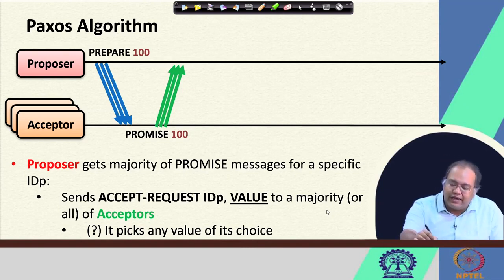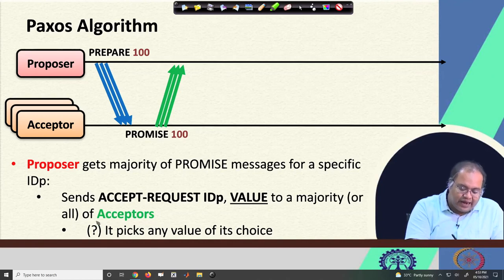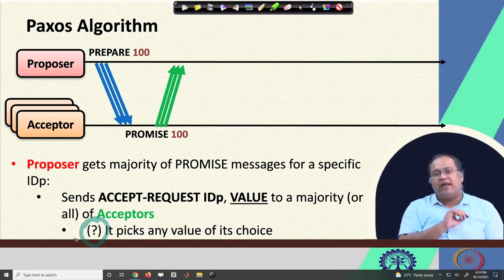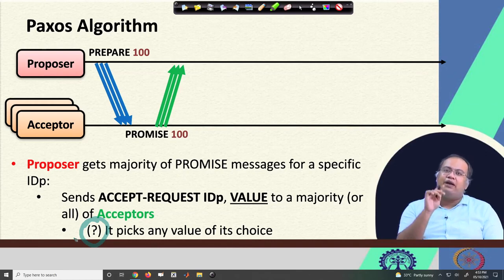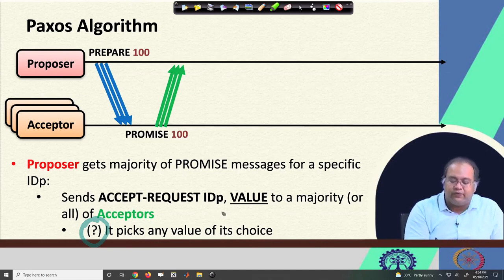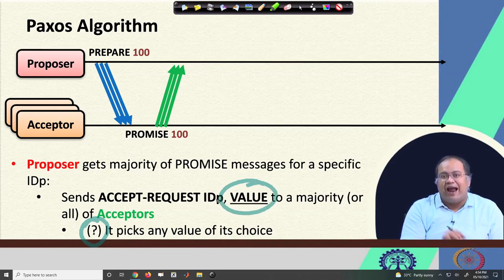Well, and it picks a value of its choice. So, here again we put up a question mark, we are going to add something here later on. What we are going to add, we will see later. But for the time being, you just assume that whenever a particular proposer receives promise from multiple acceptors saying that the acceptors agree to move ahead with state 100, then that proposer sends this accept request message, and this message contains a parameter value, and this is something on which we are going to reach consensus.